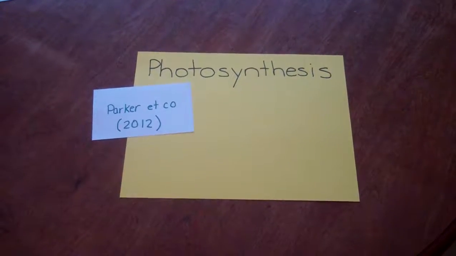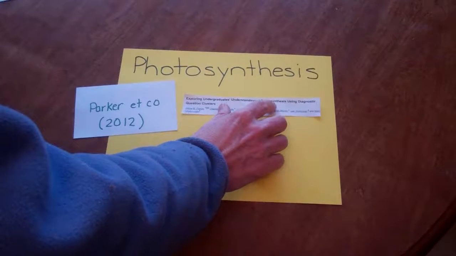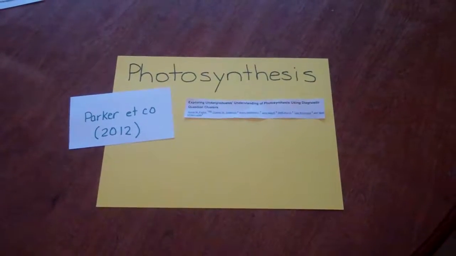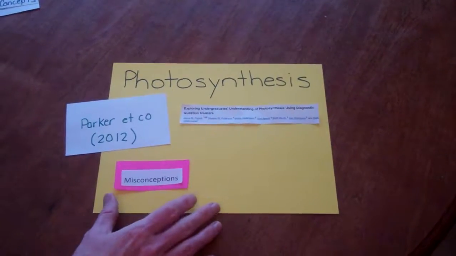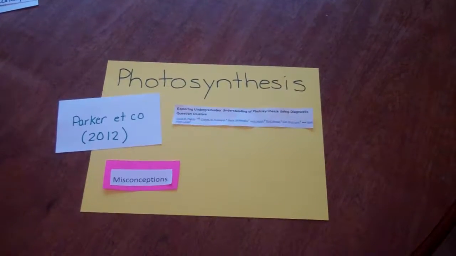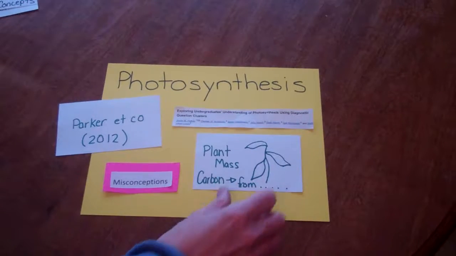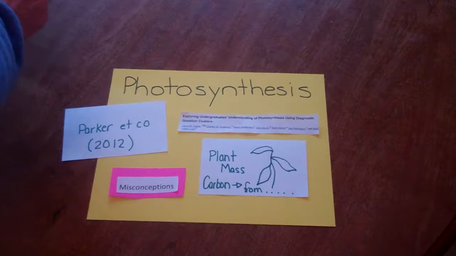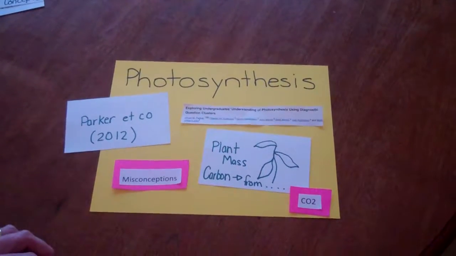I decided last night to change my plan because I read this great article by Parker and Co. called Exploring Undergrad's Understanding of Photosynthesis Using Diagnostic Question Clusters. They use these diagnostic questions to identify common misconceptions, such as students not realizing that the majority of the plant mass, the carbon, comes from the carbon dioxide and not from the nutrients in the soil.